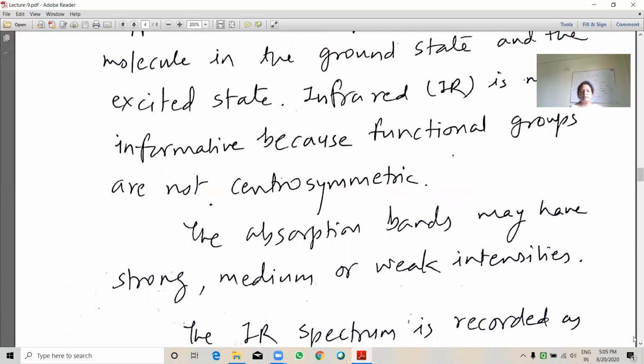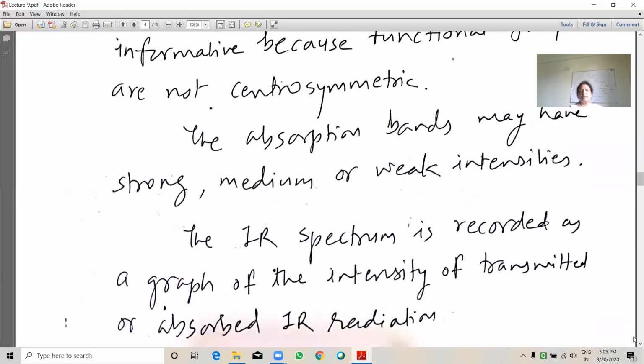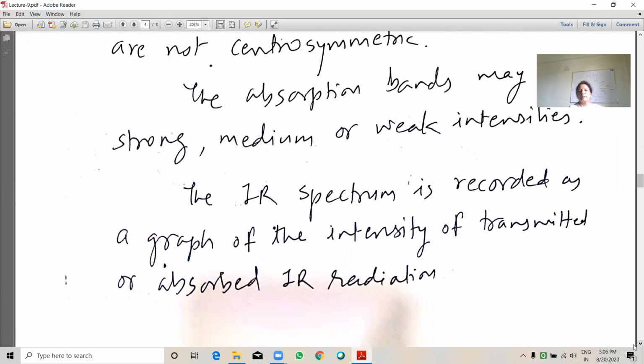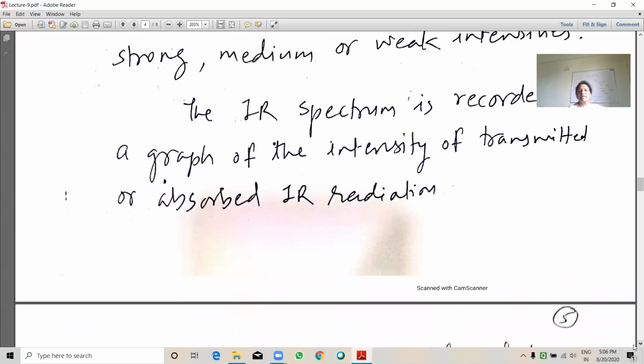Here, weak means lower height, medium comparatively higher, and strong having a large percentage of absorption band. The IR spectrum is recorded as a graph of the intensity of transmitted or absorbed IR radiation.